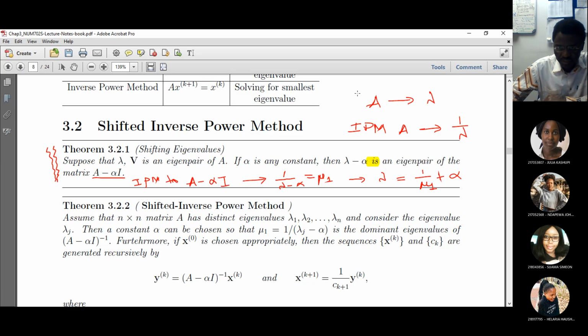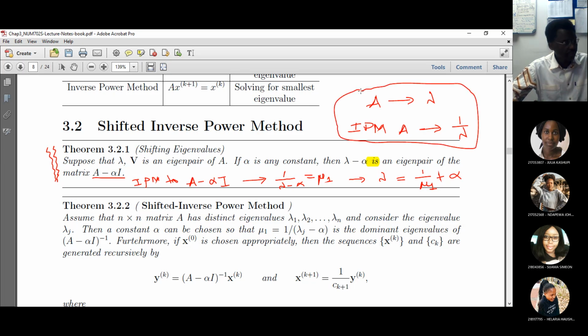Just remember this one. If lambda is an eigenvalue of A, this lambda is just an arbitrary eigenvalue, not necessarily the dominant. If I apply the inverse power method to A, I'm expected to get what?